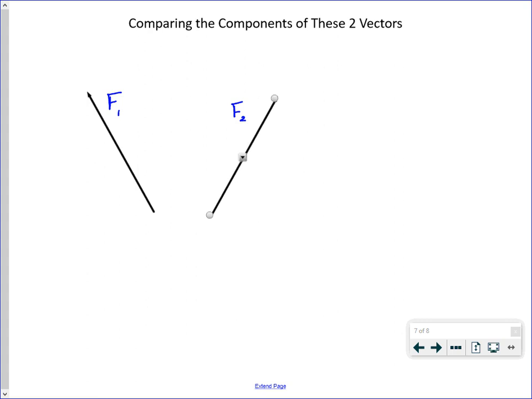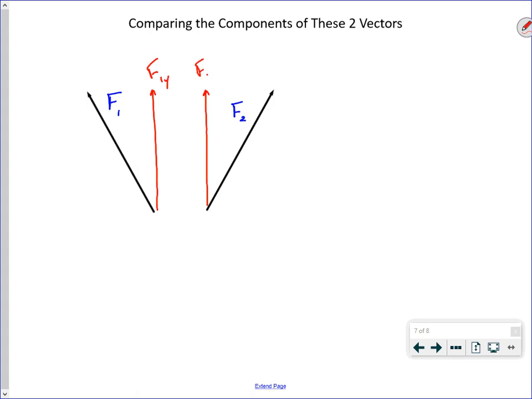So it's just a reflection of F1. They're symmetrical about that axis. Agreed? And what that means is, how do these two things compare? Well, it means that they have the same exact, here's F1y, F2y. And those two components are exactly the same thing. Those vectors are equal.